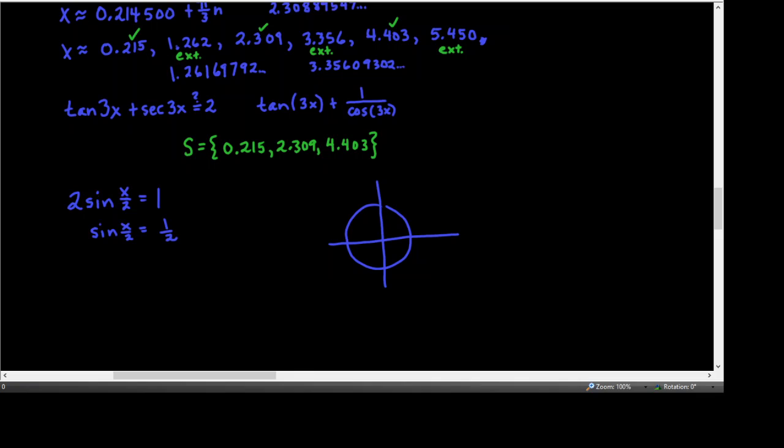Since sine is y over r, it will certainly happen right here. It will also happen in the second quadrant right there. And as always, those two reference angles are the same. 30 degrees, or pi over 6. Let's look at the directions to see which one of those it should be. From 0 to 2 pi. Okay, so pi over 6 is the version of that we want.